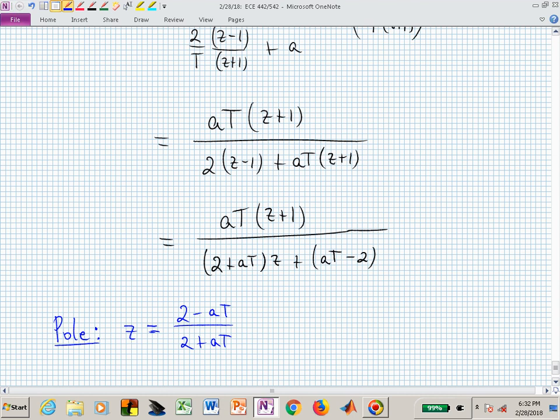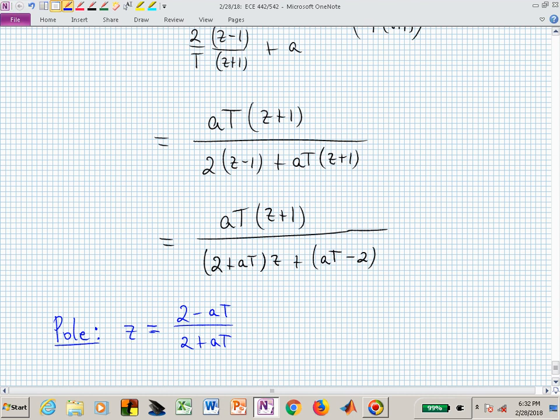And where's that going to be located? Does it seem okay? What's AT? Something a little bit pretty small. Let's say it's 0.2 again. So now we have 2 minus 0.2, 1.8 divided by 2.2, so it is less than 1.